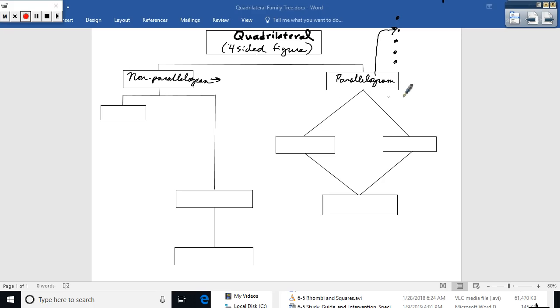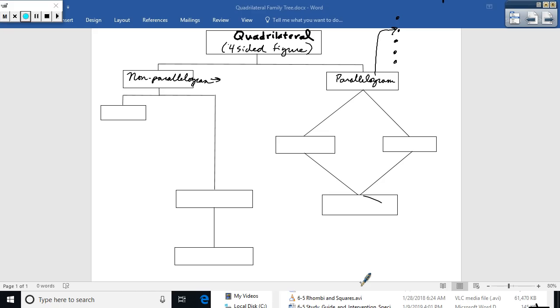Well, the parallelogram over here, everything underneath here has that same trait. They have to be part of the parallelogram, which means that all of these characteristics that we're going to list on the side over here, guess what? They belong to the rhombus, the rectangle, and the square. Okay, and that's what we're going to fill in here in a second. But I want to make sure that we understand that when we're talking about the square, even though all these traits are way up here, guess what? They're also way down here. Okay, we're just not going to rewrite them again because it makes it just too messy.